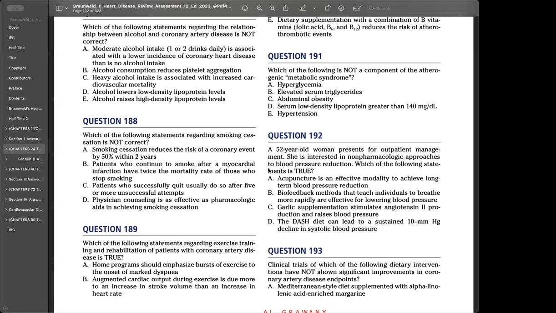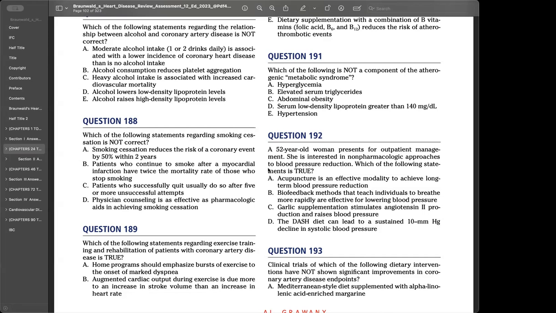So, other complementary approaches like acupuncture: there were few studies that studied the effect of acupuncture on blood pressure lowering in hypertensives, and they showed an acute but non-sustained reduction in blood pressure.